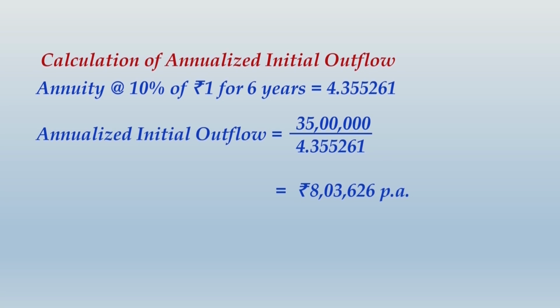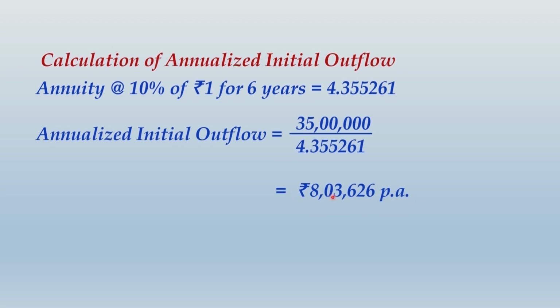Now look at one thing. Your initial cost has been annualized over here, and imagine if your annual cash inflow, which is actually 12 lakhs, even if it comes down to this level, you will not have a negative NPV. Just imagine what will happen if your annual cash inflow would have been 8,03,626 per annum.